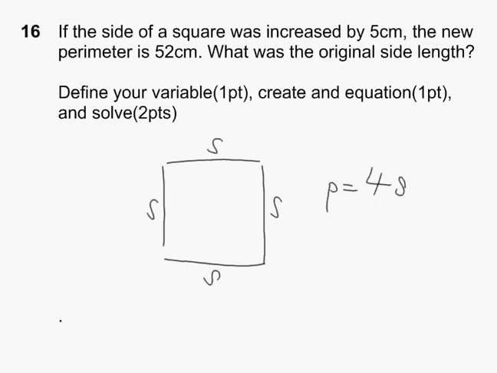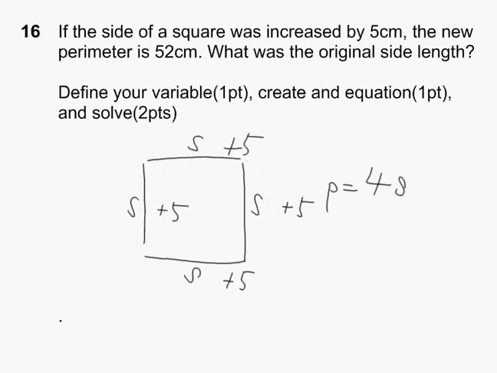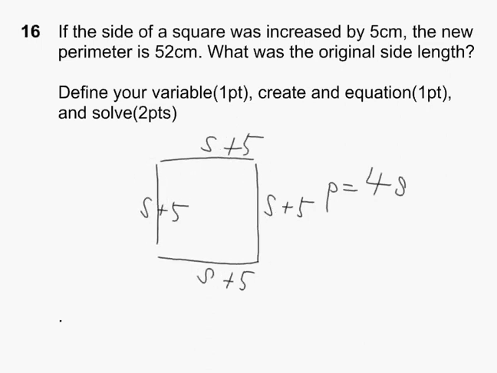But for this one, the side length is increased by 5 centimeters. So if I increase the side length by 5, I'm going to have S plus 5 on all of them. Because it was S, and then I'm going to increase it by 5 centimeters. So instead of being S, it's going to be S plus 5, the new side length.